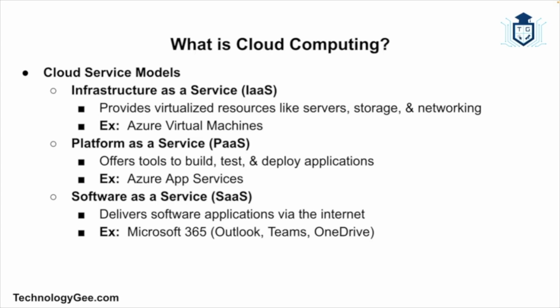This delivers a development platform and tools to build, test, and deploy applications. An example of this will be Azure Application Services. And then we have software as a service, and this offers software applications via the internet. So think of Microsoft 365 products like Outlook, Teams, and OneDrive. Each service model provides different levels of control, flexibility, and management.